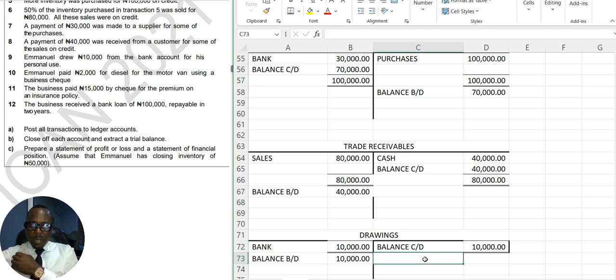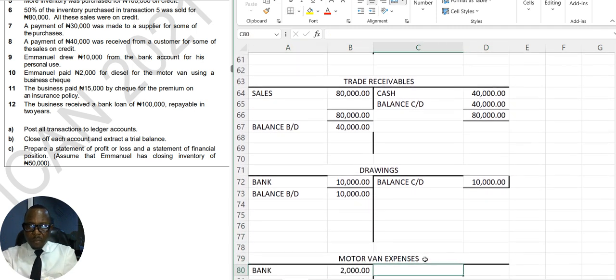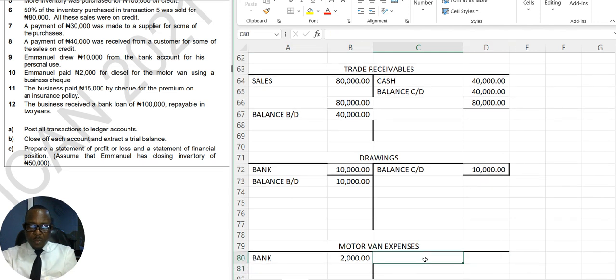Alright. Next thing is do your motor van expenses, which is one of the items under admin expenses. You have balance CD.